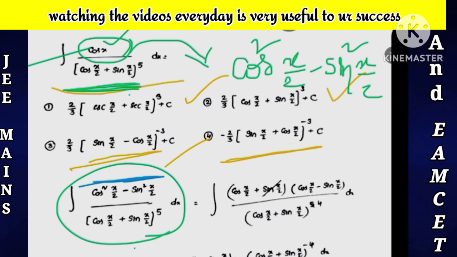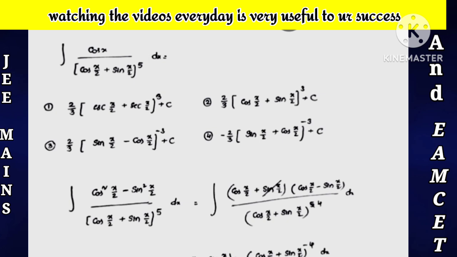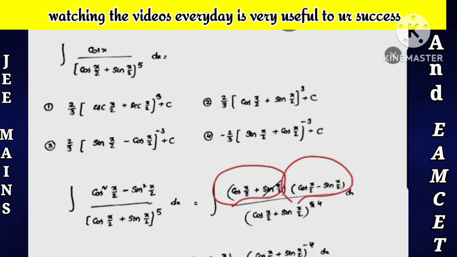Now in the next step, write this cos square x by 2 minus sin square x by 2 as (cos x by 2 plus sin x by 2) into (cos x by 2 minus sin x by 2). Understand? This is in the form of a square minus b square, which is equal to (a plus b) into (a minus b).